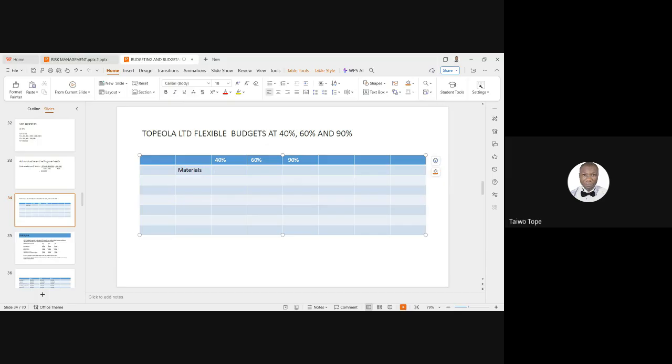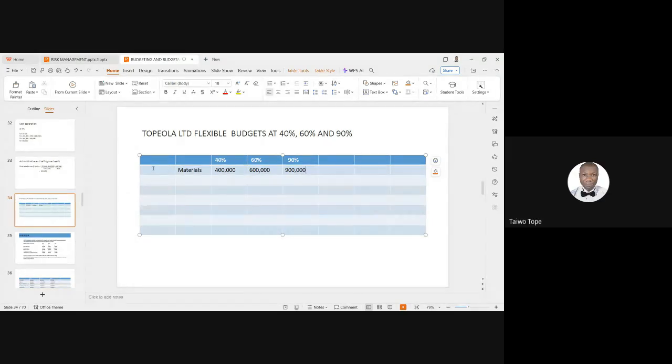At 40%, check your book if you are writing. 400,000. At 60%, it will be what? 600,000. Okay, don't worry. You'll soon go and eat. At 90%, it will be what? 900,000.